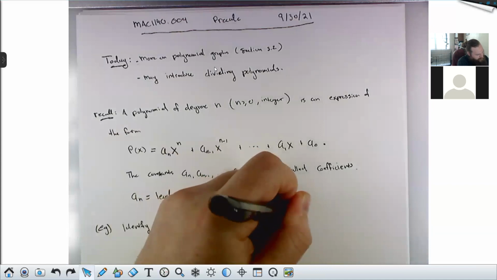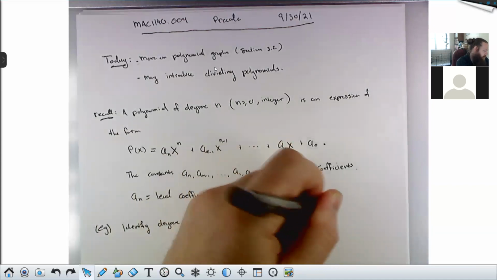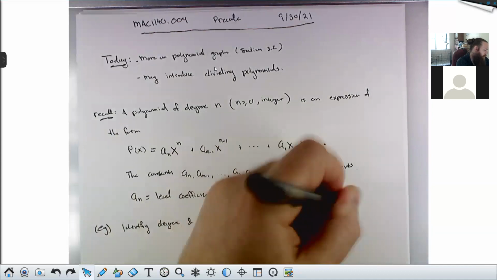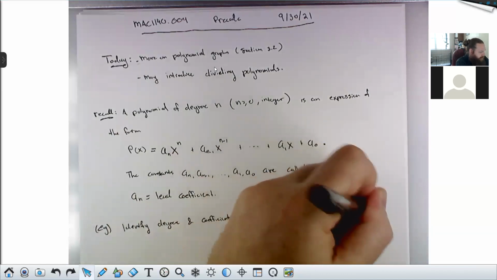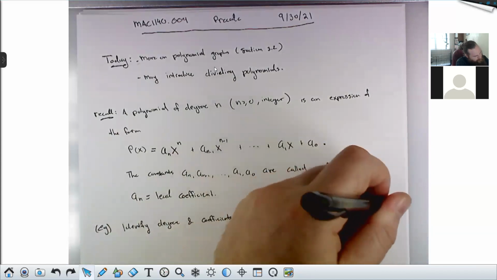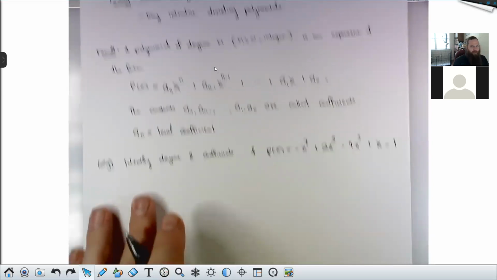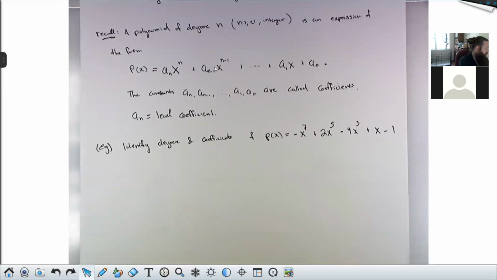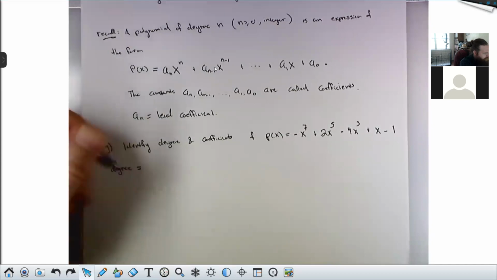Let's call it negative x to the 7 plus 2x to the 5 minus 4x cubed plus x minus 1. Right. And I'd like to ask, what is the degree here and what are the coefficients? So what is the degree here?